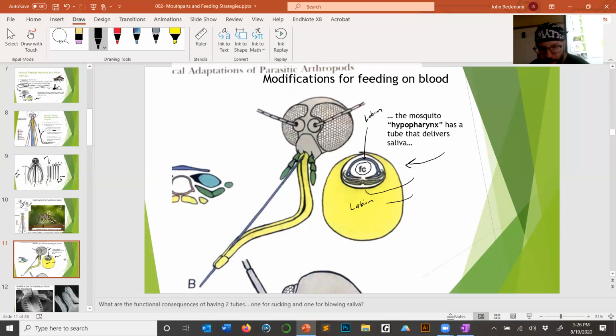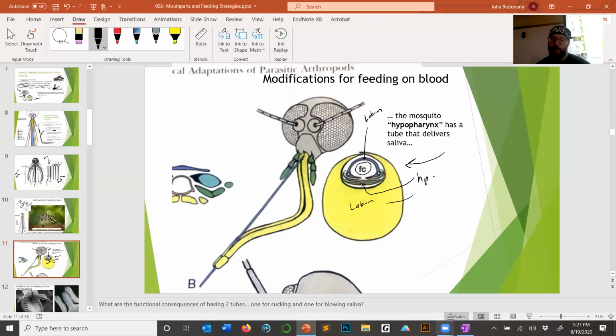If you look right here, there's a little tube. That is the HP, the hypopharynx. That is where the mosquito spits, through this little tiny tube. The hypopharynx is the tube through which the mosquito spits into your blood.